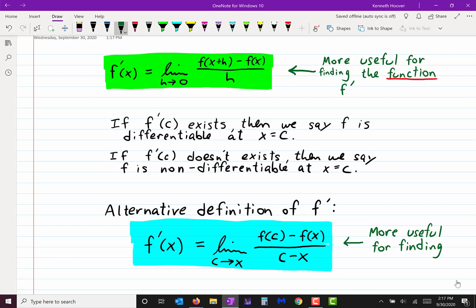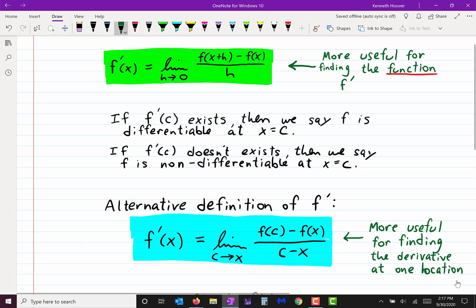There we go. So I think the blue definition is more useful for finding the derivative at one location. And I'll show you why I think so.